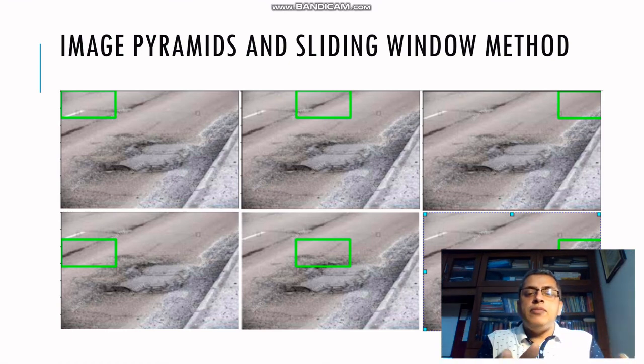For the same location, you might have multiple bounding boxes, so non-maximum suppression is a technique wherein you reduce the number of bounding boxes so that you have just one or a very limited number of them. We'll be implementing image pyramids and sliding window in our post 3, when we build an object detector from scratch. So this is just a conceptual explanation of what image pyramids and sliding window methods are.